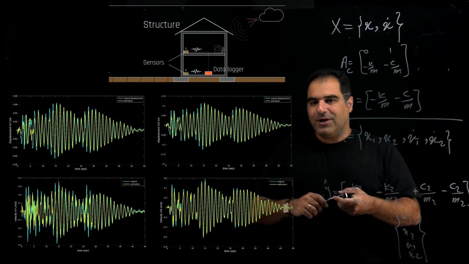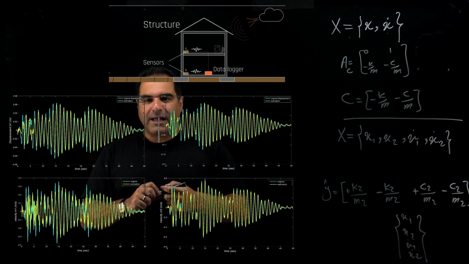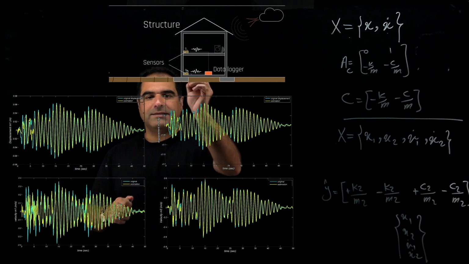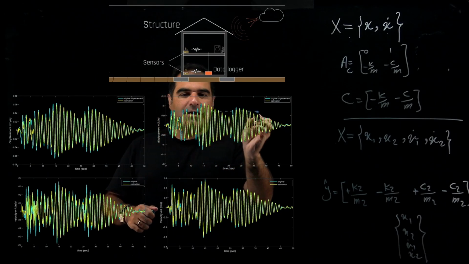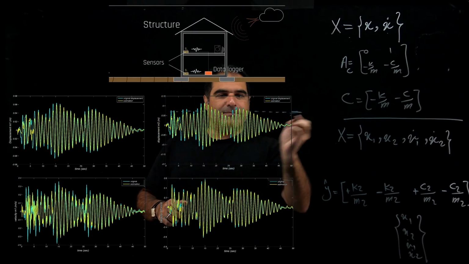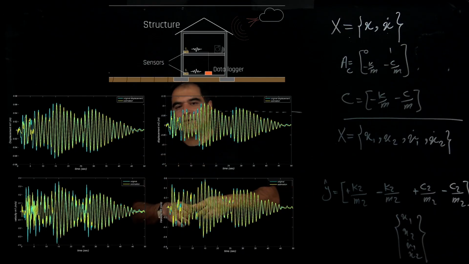You see, right now you can say that I estimated the displacement of the vibration. And if the displacement of the vibration is bigger than a specific threshold like this one, the concrete of the building starts cracking.